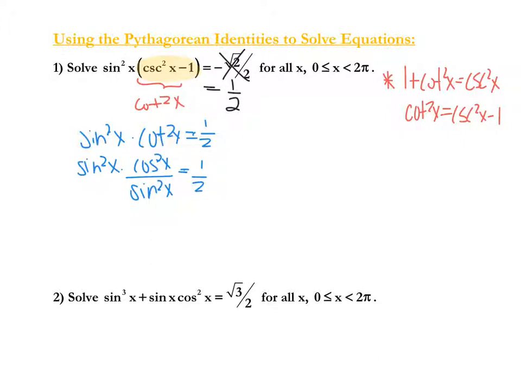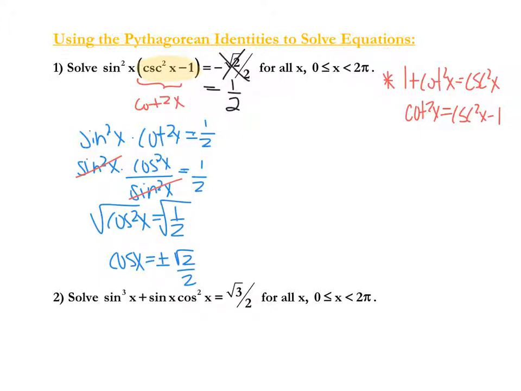Okay, this will allow the sine squareds to cancel out, and we're left with cosine squared equals 1/2. To solve this, we're going to take the square root. Remember that with square roots, you have to remember plus or minus, and the square root of 1/2 is just going to be √2/2. Okay, at √2/2, we don't have to worry about any of the reciprocal identities being undefined.